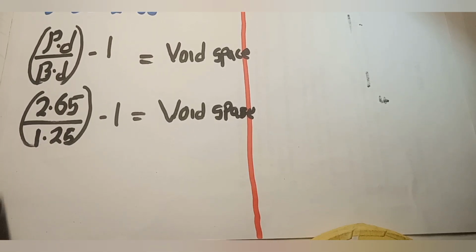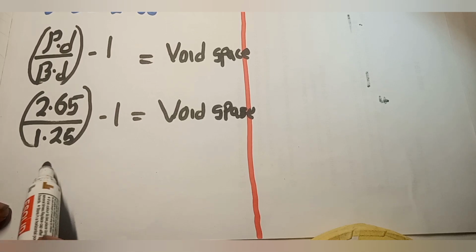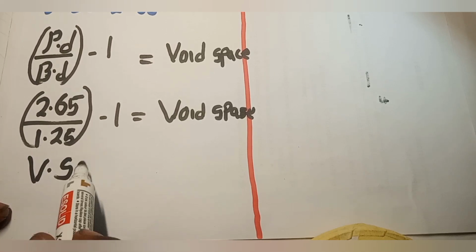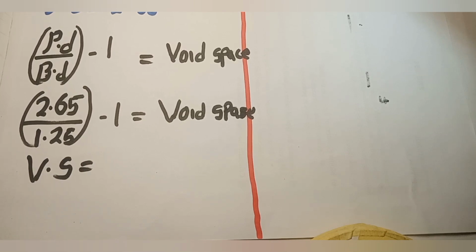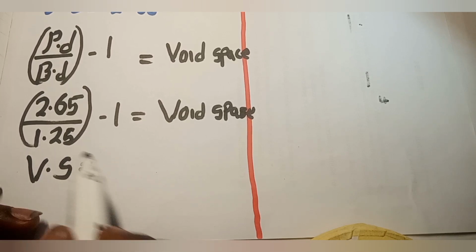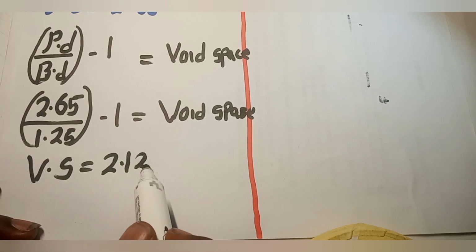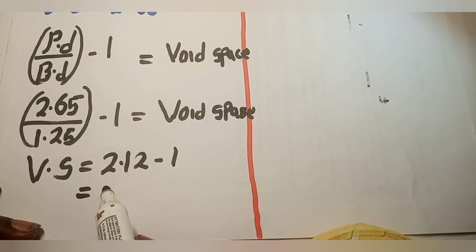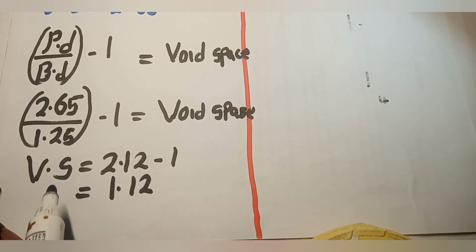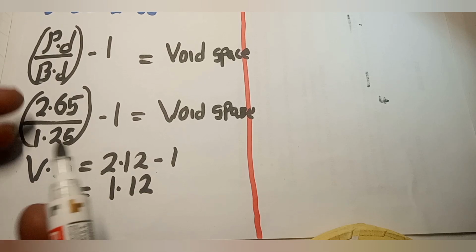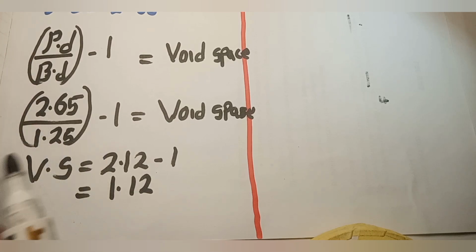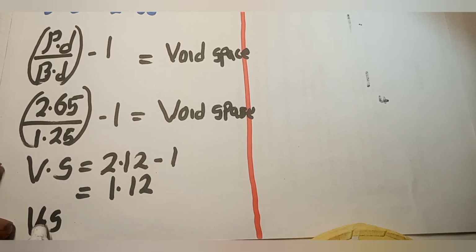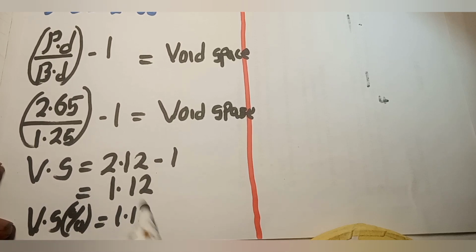If you divide this, you are going to have 2.12. The void space, let me call it Vs, equals 2.12 minus 1. So that is 1.12. So the void space is 1.12, but this is not the final answer because I'm told to calculate in percentage. So I multiply this by 100%.